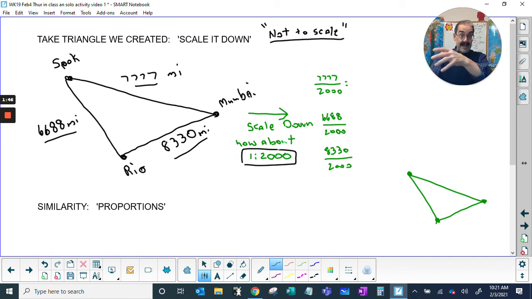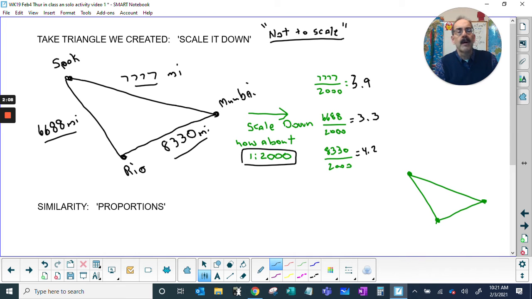Divide everything by 2,000. And this will come to 3.9. And 6688 will be 3.3, and the 8330 will be 4.2. Okay, and those are approximate.